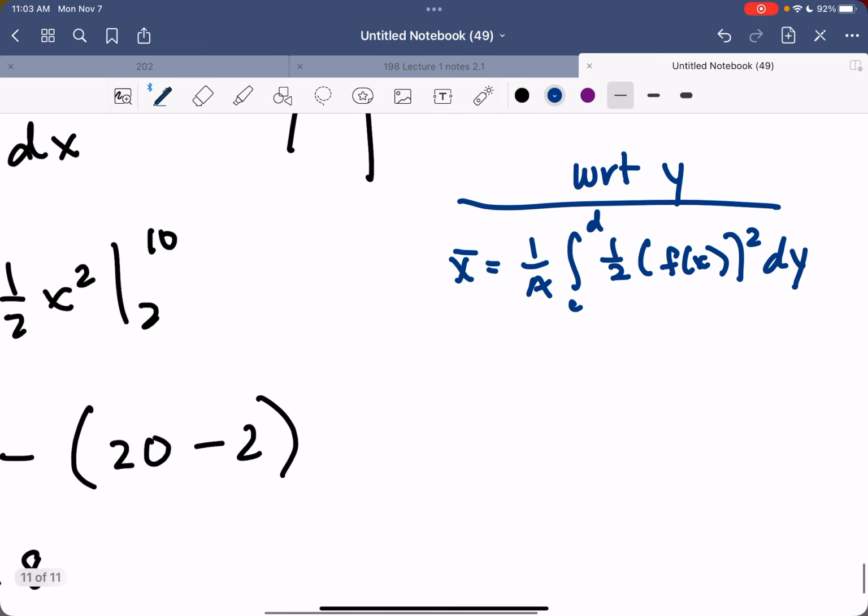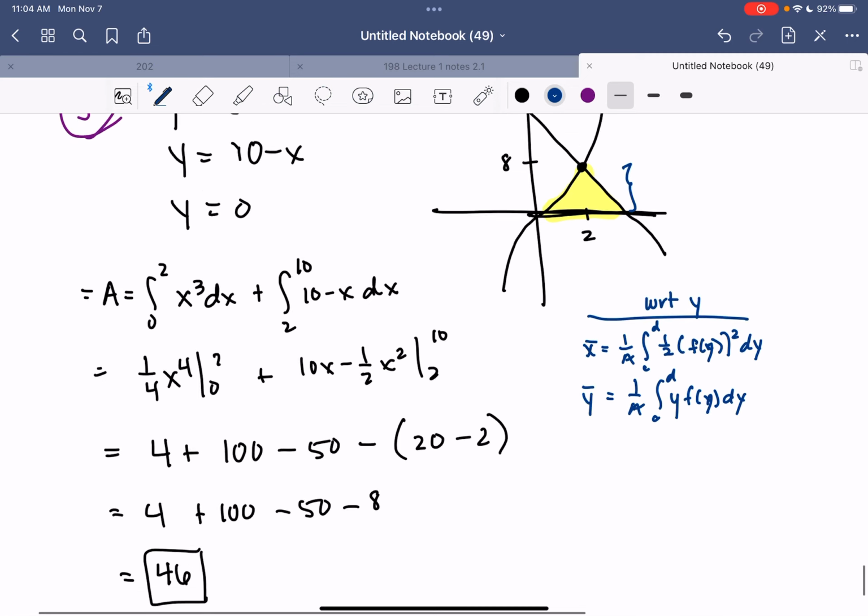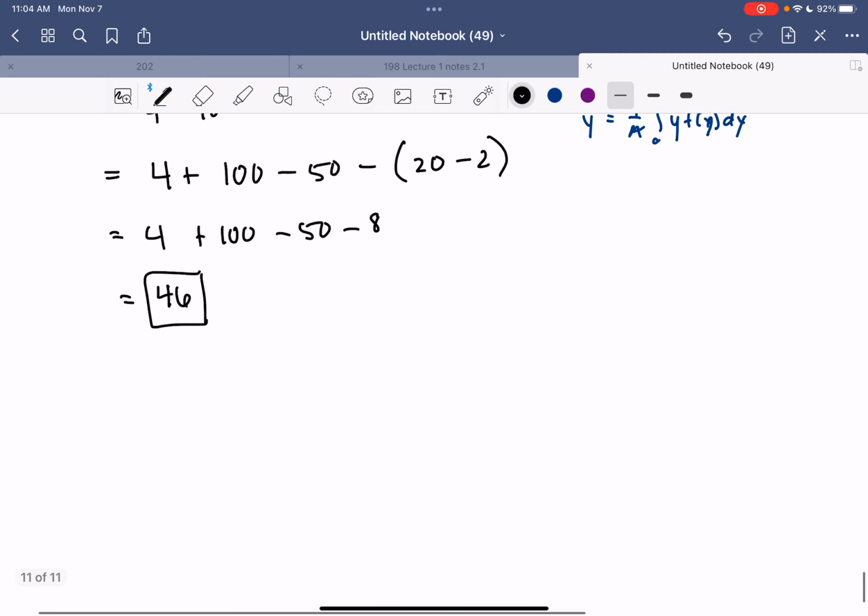Sorry, it should be a function of y. There we go. And your y bar is going to be the 1 over area integral from c to d of x times y, because we're in terms of y, times f of y dy. Okay, so those are the two formulas that we're going to use. So your setup here is going to look like this.